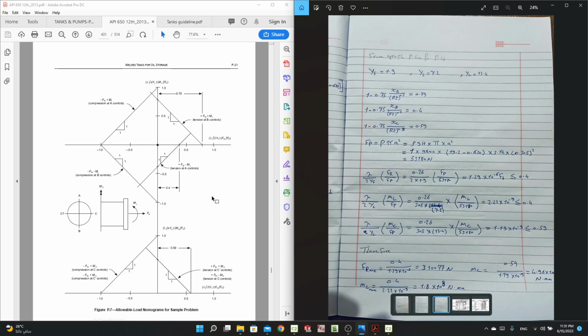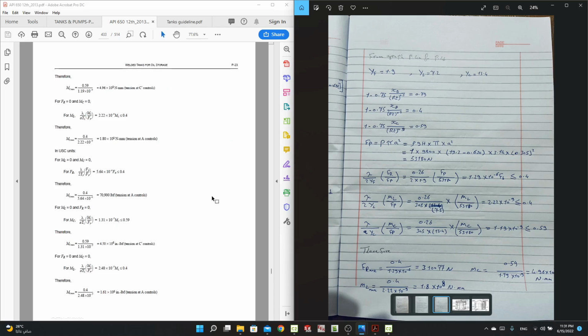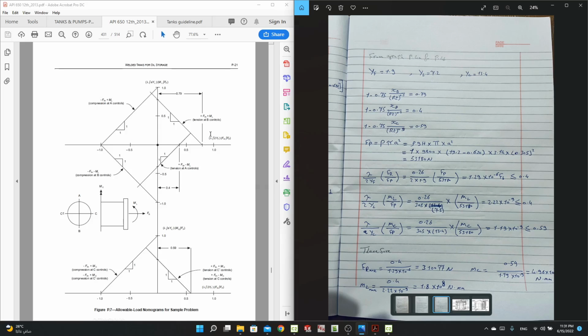After that, we need to know the allowable forces that we can go through, the maximum allowable force. What we will do, we will take these equations, which are based on the forces and the moments that you need to get from the piping calculation.